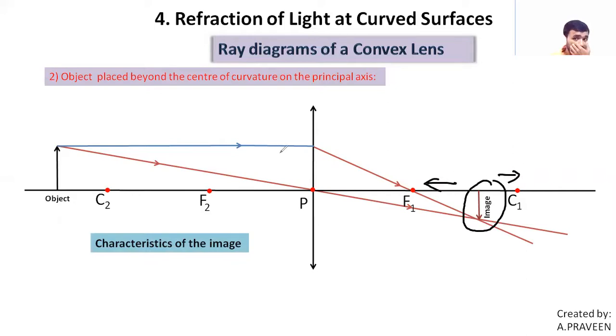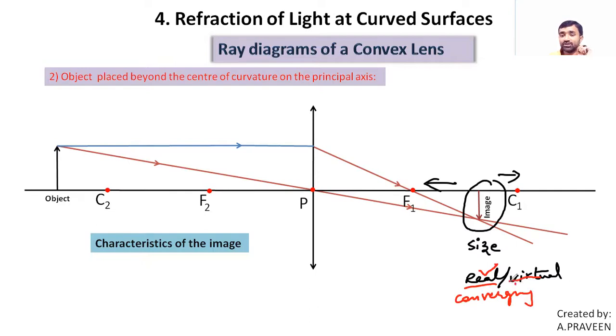Next, size. Diminished, because it is smaller than the object. Then is it a real image or virtual image? It is real because I got this image by actual converging of light rays.